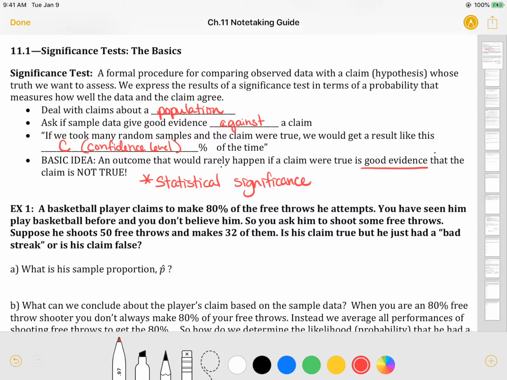Basically, if something rarely happens by chance, that's good evidence against the claim that someone makes. So if it rarely happens that all students at a high school have a mean GPA of 4.0, then that gives us good evidence that the claim is false.